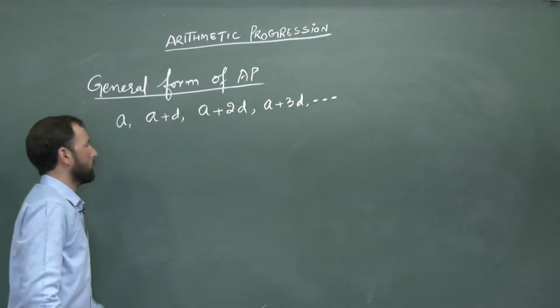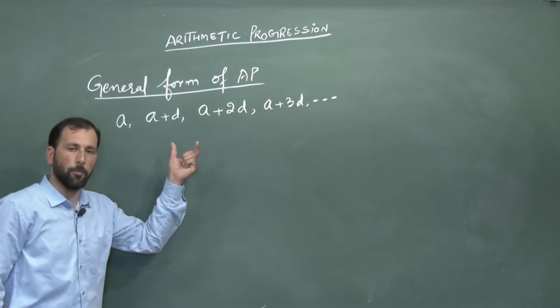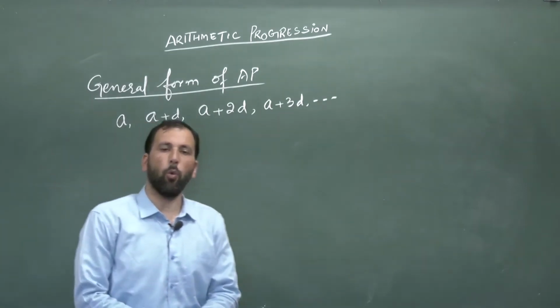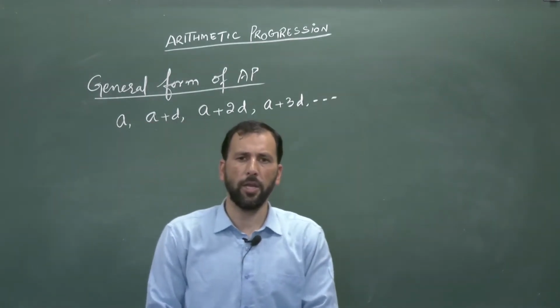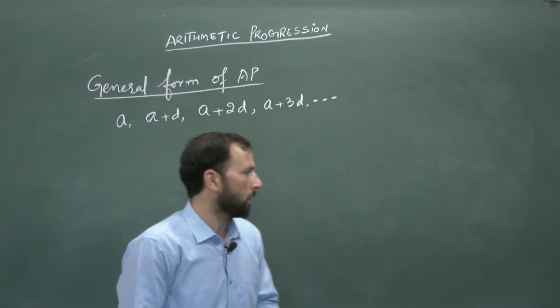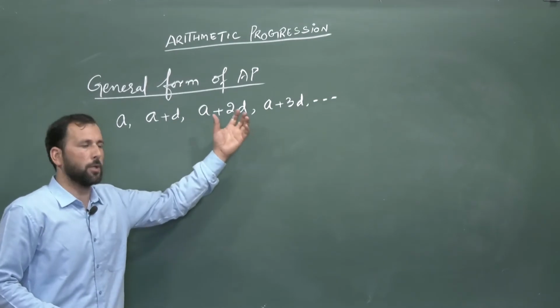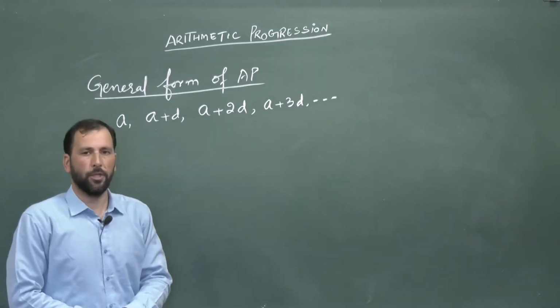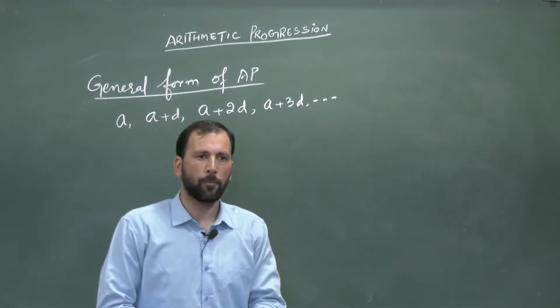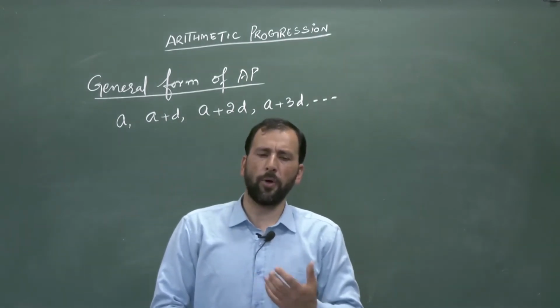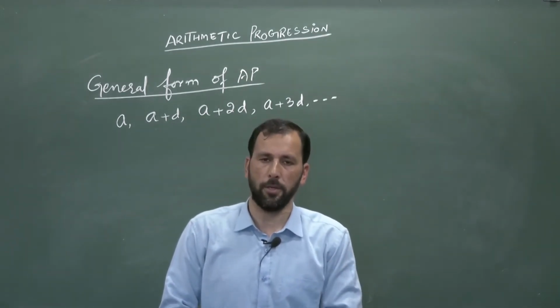This is known as the general form of an arithmetic progression, where A is the first term and D is the common difference. So A, A plus D, A plus 2D, A plus 3D is said to be the general form of an arithmetic progression. Now, how to find the general term of an AP?